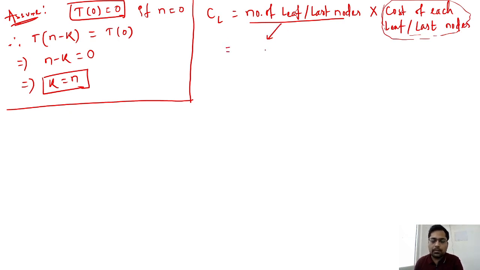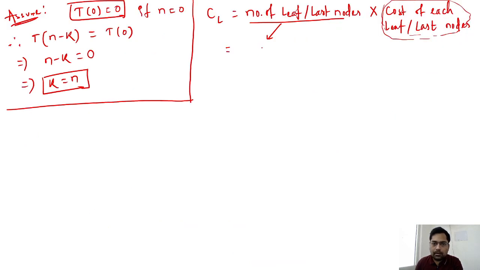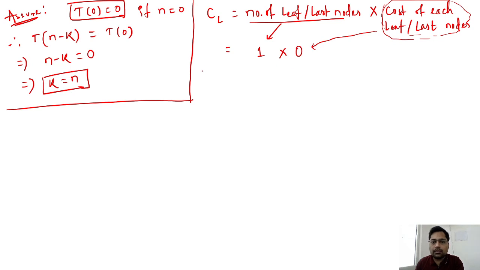Here this is our leaf node or last node, and this is our cost. So the number of leaf nodes is 1, into the cost of each leaf node. The cost of each leaf node is considered as 0. Simple, you are writing 0. But as I told you, we can show any constant because there are two different constants.